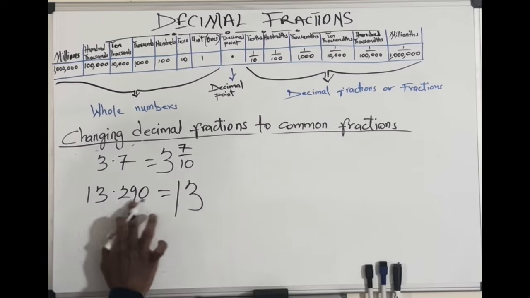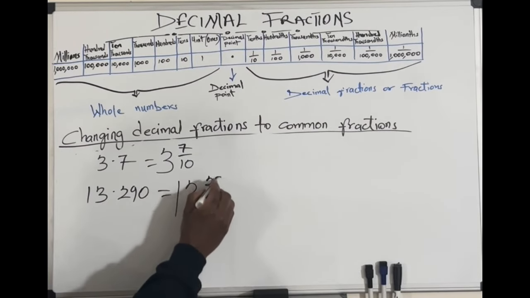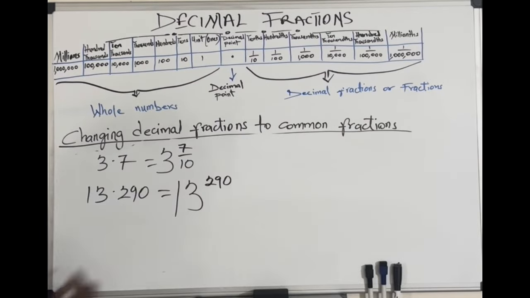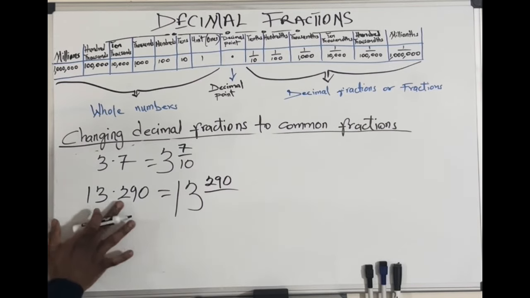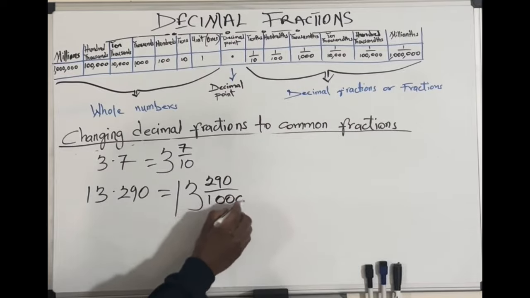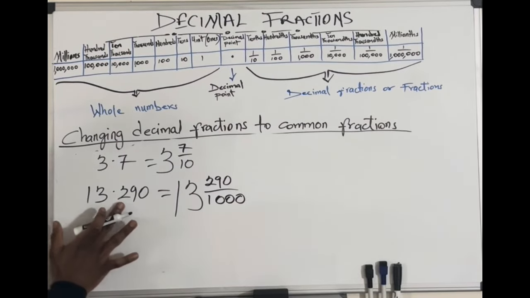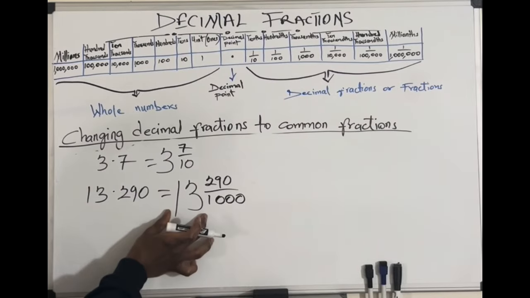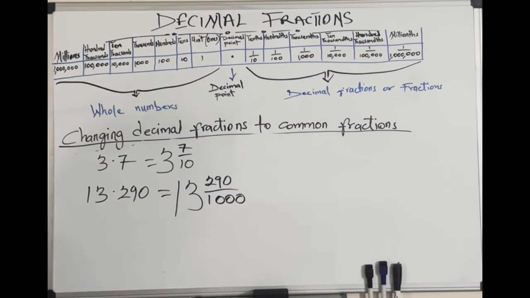Then all these will be what? Our numerator. 290 over how many numbers come after the point? 1, 2, 3. So 13.290 is also 13 whole number, 290 over 1000.